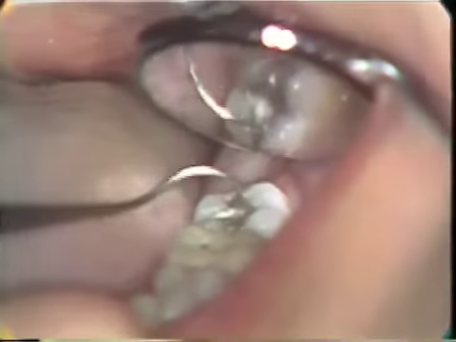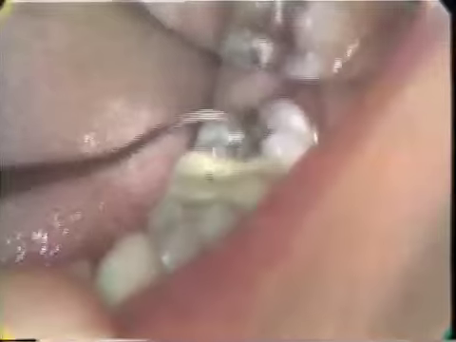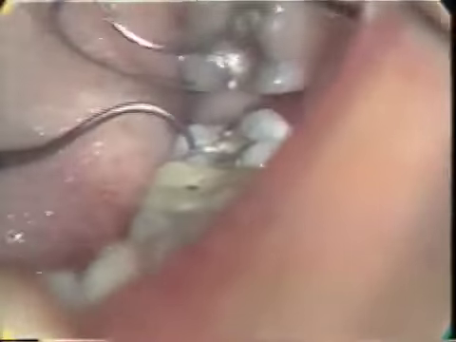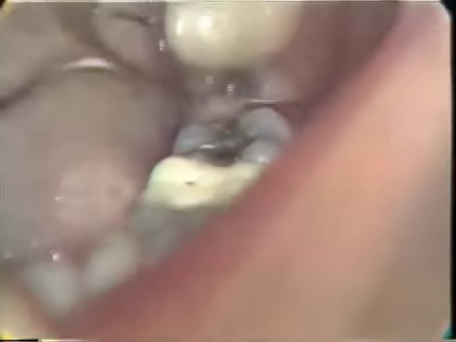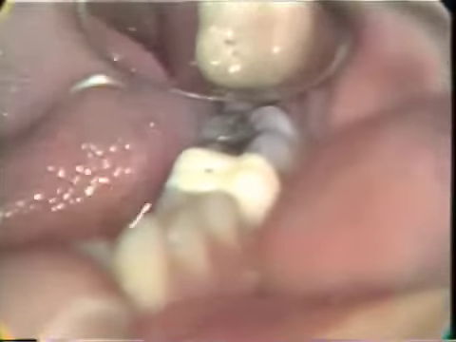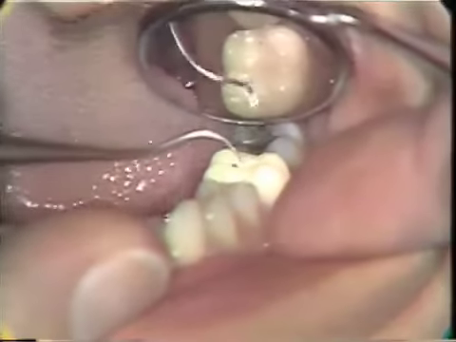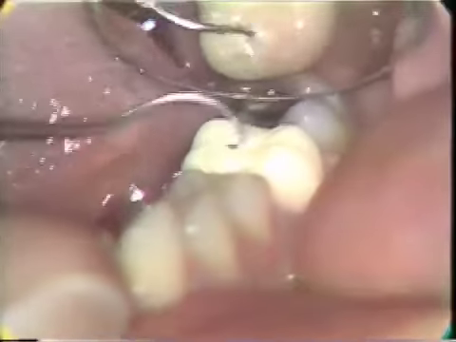The amalgam margins on 18, the occlusal margins need to be checked. There's some catch of the explorer, but insufficient to warrant replacement of that amalgam restoration. If you recall, there was some excess, some overhang on tooth number 19, both mesial and distal.